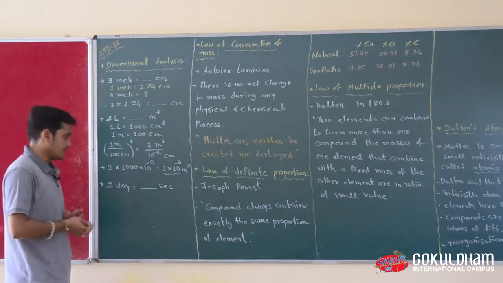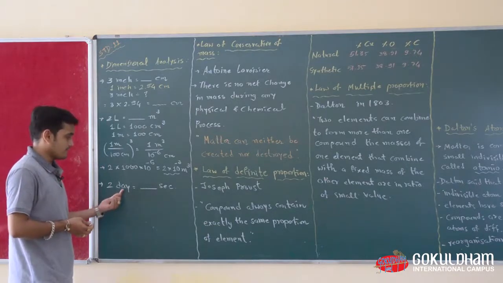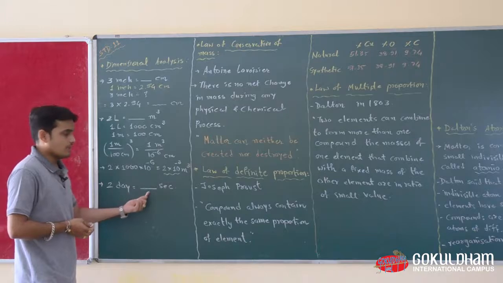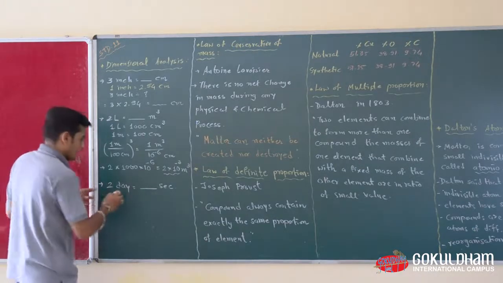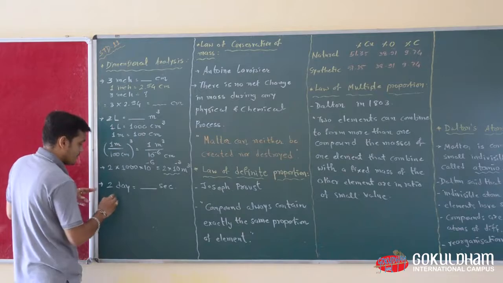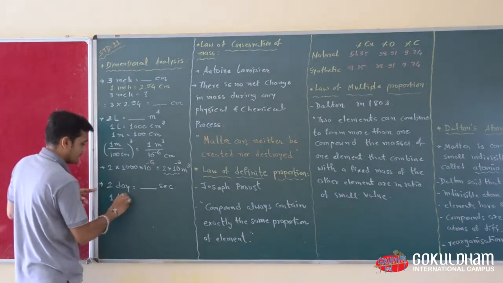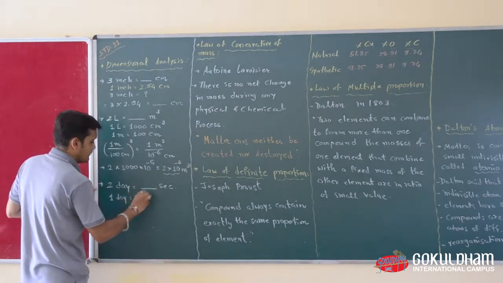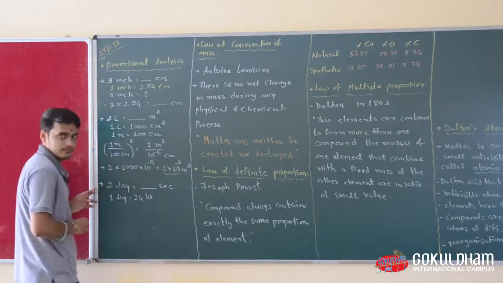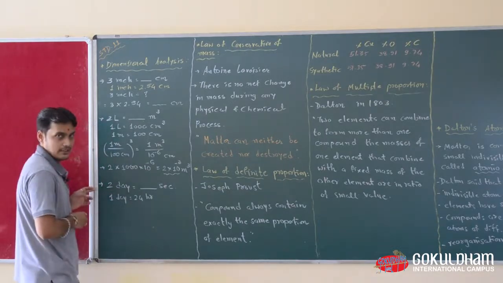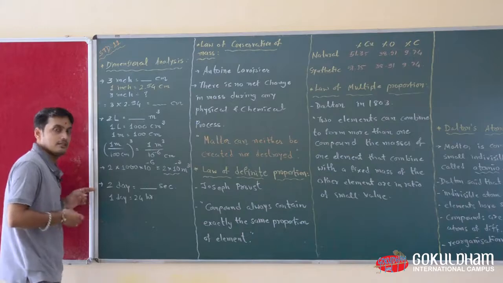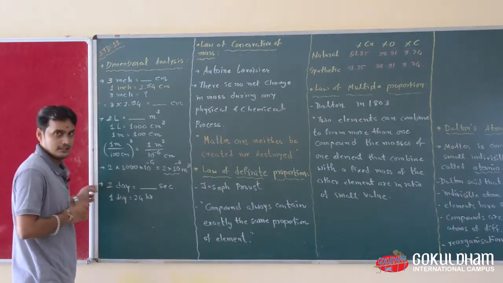Our third example is 2 day is equal to how many seconds? We know that 1 day contains 24 hours. 1 hour consists of 60 minutes and 1 minute consists of 60 seconds.